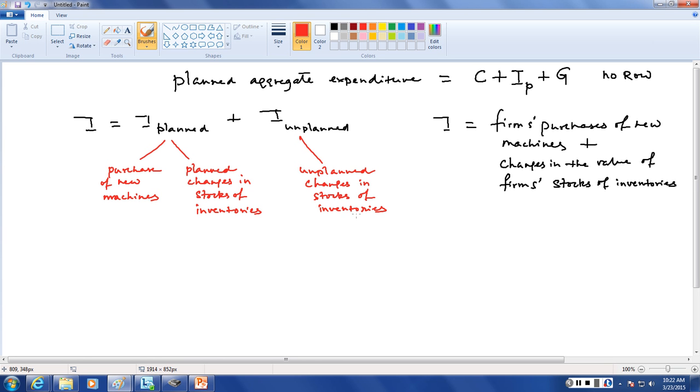We are going to introduce another term now, which is called equilibrium aggregate expenditure. What is meant by equilibrium aggregate expenditure?